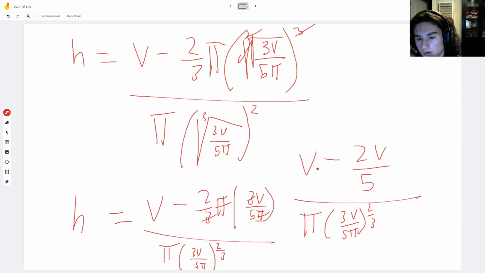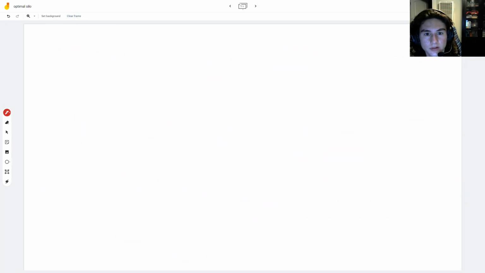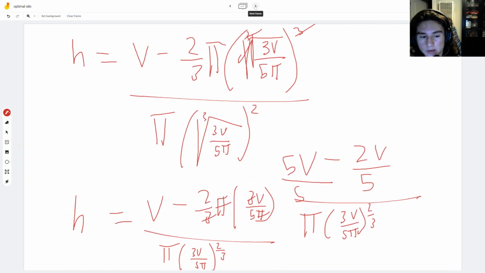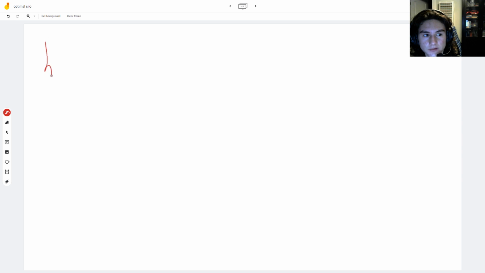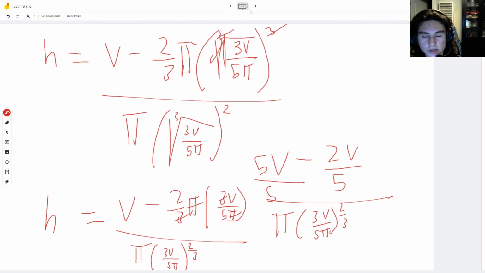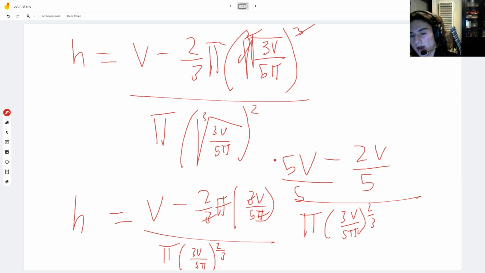So we know that v is the same as 5v over 5. So we can combine these two things, and 5 minus 2 is 3. I'm going to clear this just to have more writing room. So basically, we can simplify this down to h equals 3v over 5.